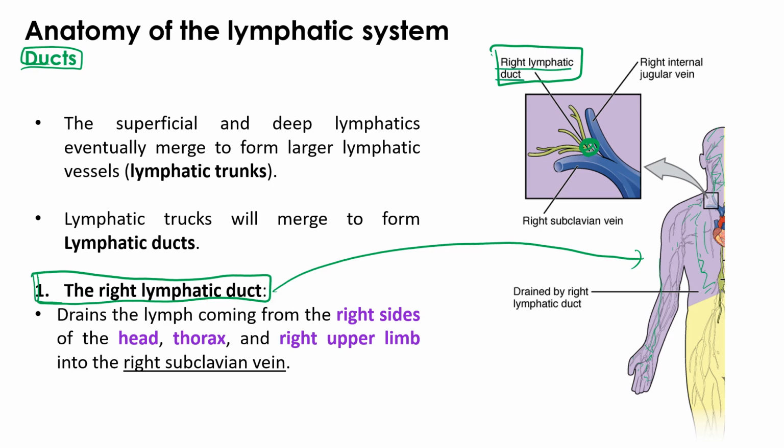The right lymphatic duct collects the lymph of the right side of your body: the right upper extremity or limb, the right side of the chest, the back, the upper portion of the abdomen, and the right side of the head and neck. All of this lymph is collected by the right lymphatic duct, which then drains into the right subclavian vein.